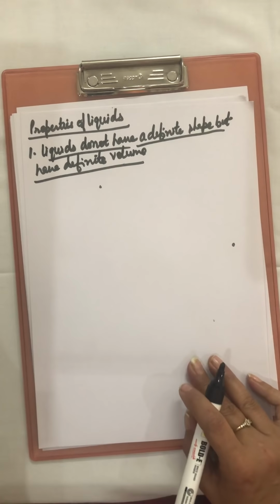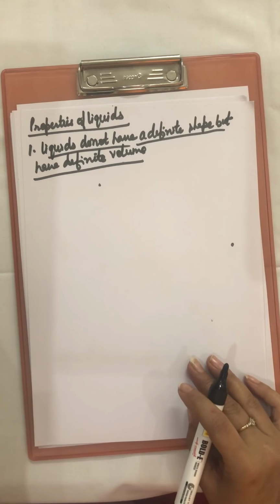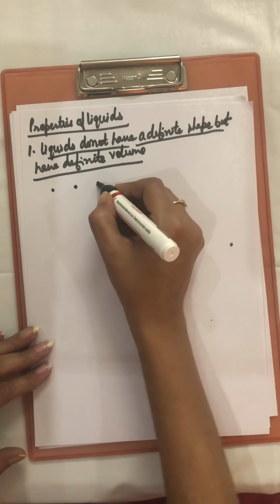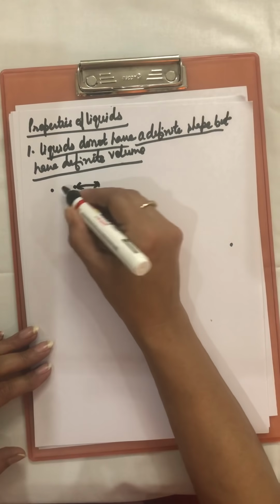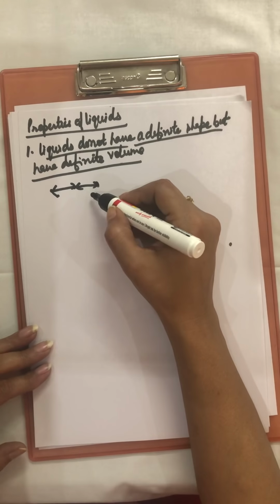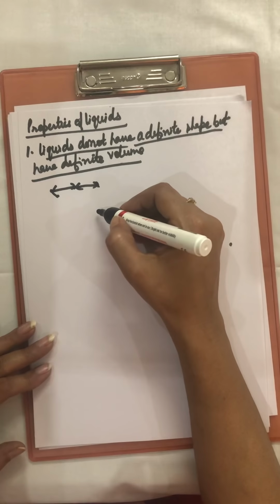The volume is definite. Forces of attraction in particles of liquids are strong, strong enough to hold them together. They will remain here only.